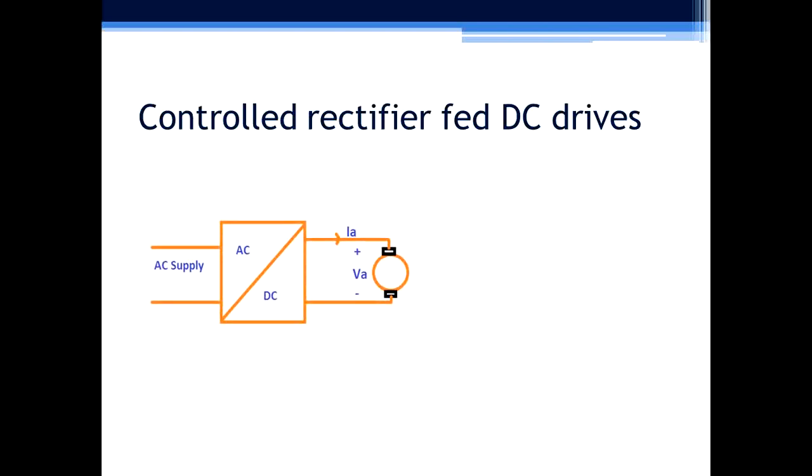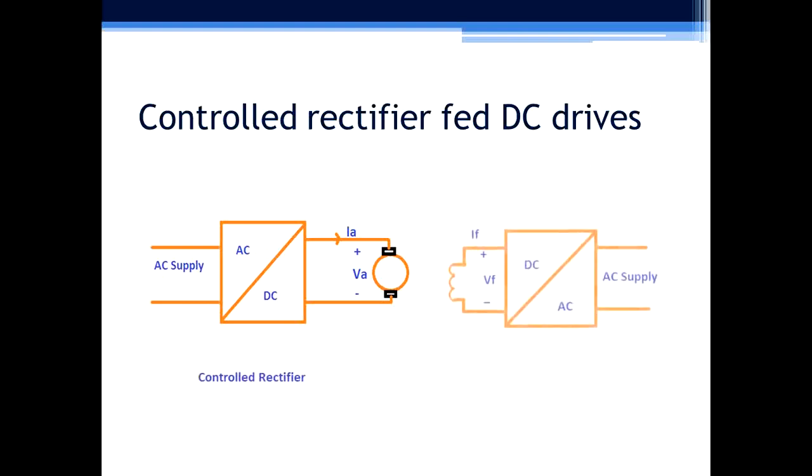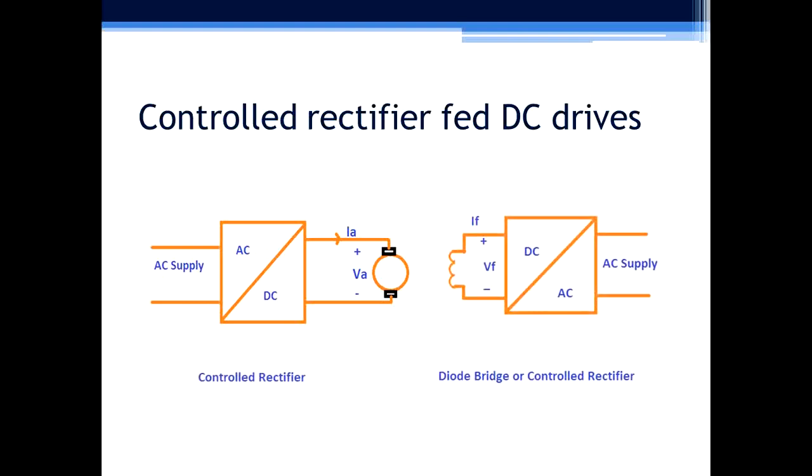So here you can see a pictorial representation. In this case we have taken a separately excited DC motor. This DC motor has an armature part and a field part. The armature part is fed by one DC supply and the field is fed by another DC supply. For the armature side we are making use of an AC to DC converter.